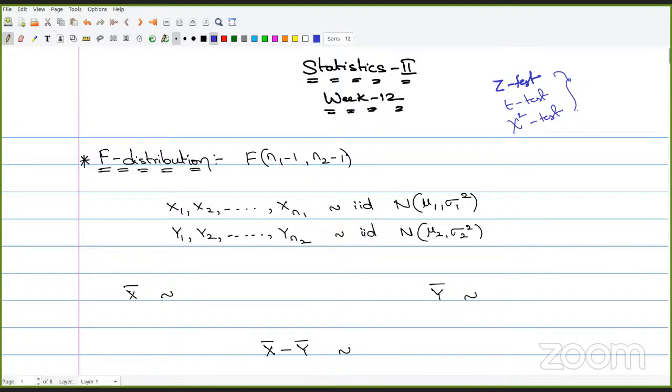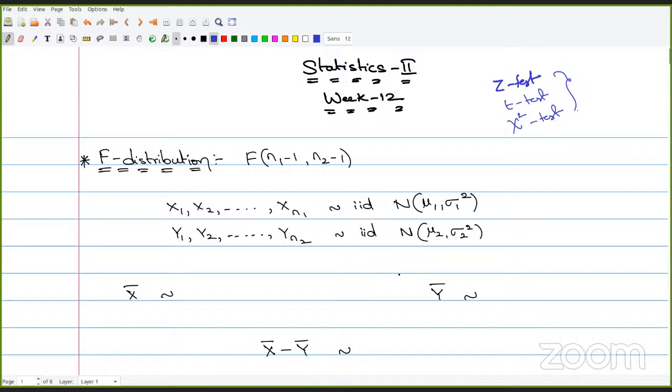This n1 and n2 come from 2 different samples, so this is how the setting will be. Suppose you have 2 different distributions: one follows normal with mean mu1 and variance sigma 1 square, and the other follows normal with mean mu2 and variance sigma 2 square.